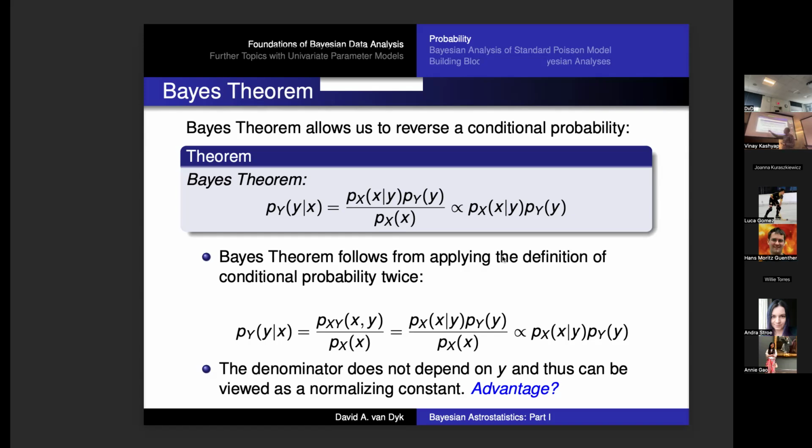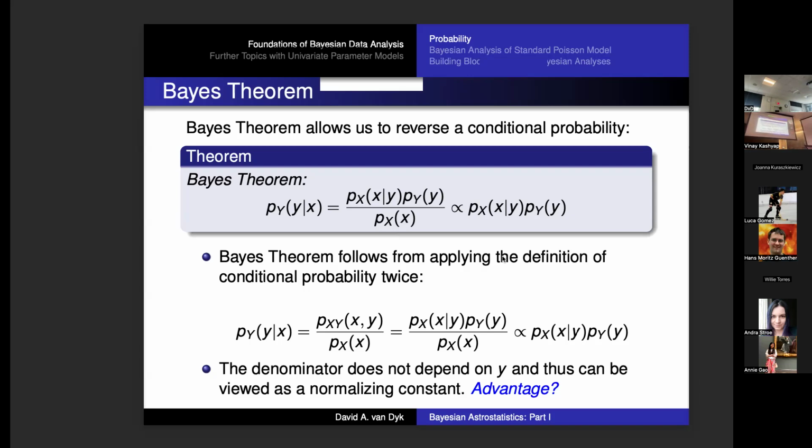The reason is because this is a probability function. The second property of a probability function is that if I integrate it over the sample space, over all possible values, it has to integrate to 1. So I know that this thing must integrate to 1 as a function of y, because it's a probability of y. This doesn't involve y. So if I integrate this thing, it's equal to that, so I can kind of not worry about that.